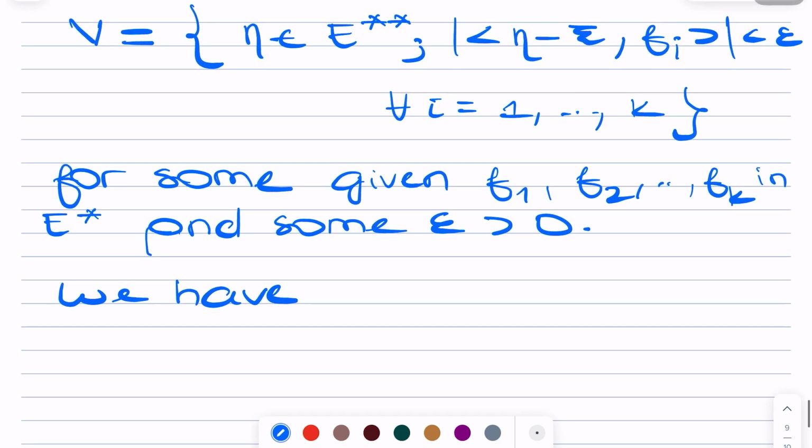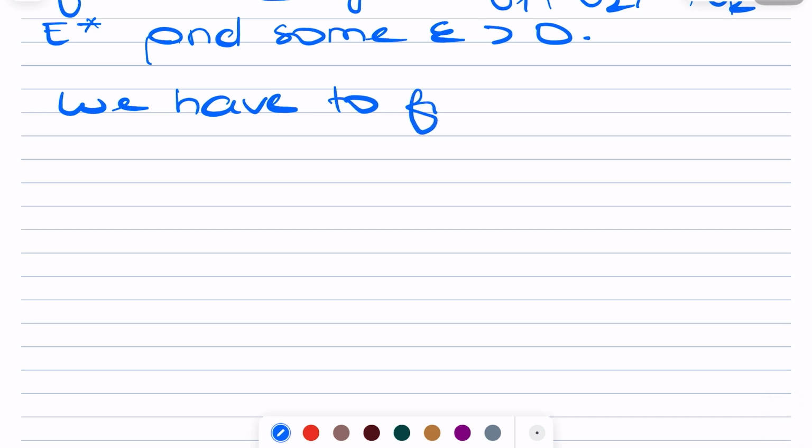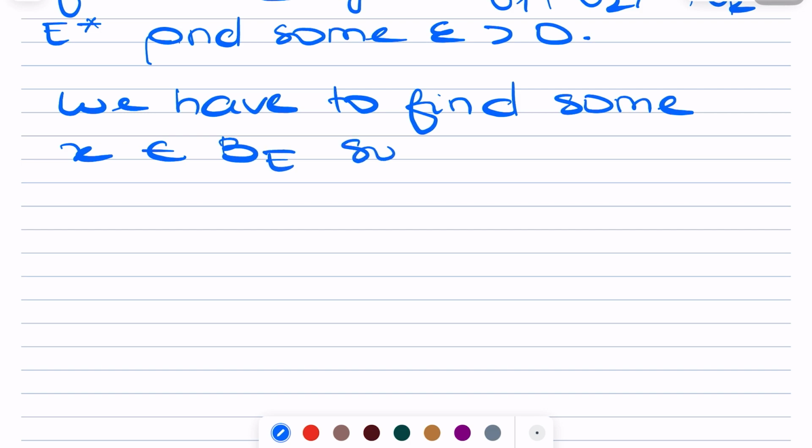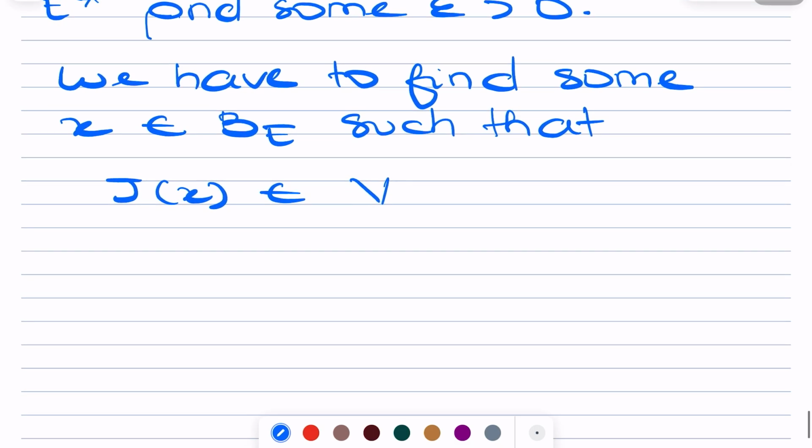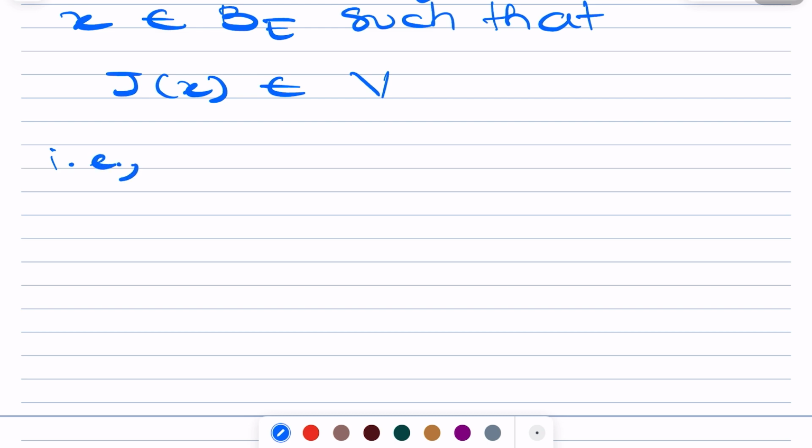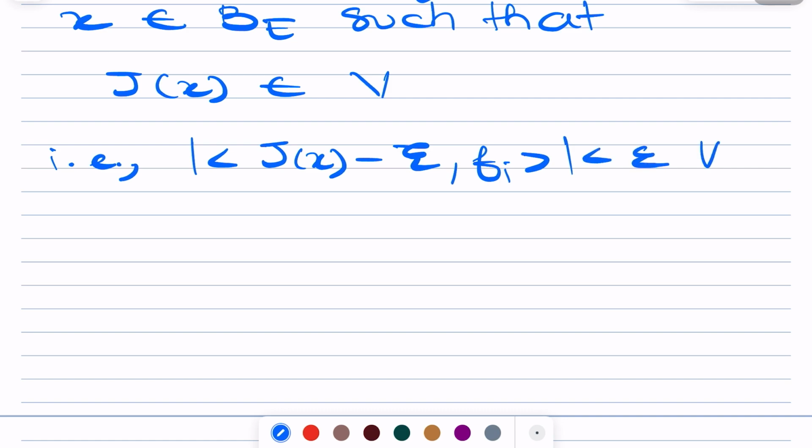So let me write it. You have to find some x in the closed unit ball in E such that J of x is an element of V. Being an element of V, this means that the absolute value of the dual pairing of Jx minus xi with f_i should be less than epsilon for every i from 1 up to k.